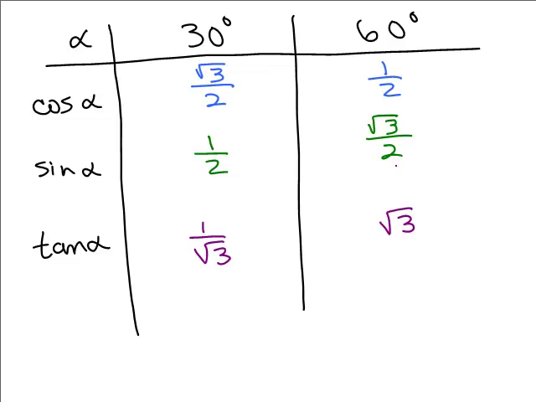That's because in the triangle you're looking at, the x and the y values are switched, basically. So the cosine of 60 degrees and the sine of 30 degrees, they're both 1/2. Same thing with the tangent, you're just switching your x's and your y's, and so these happen to be reciprocals.